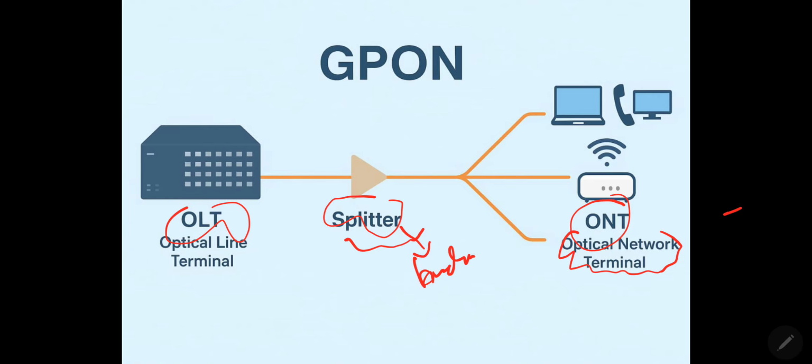Before I explain it in detail, I will give you an introduction about the GPON. GPON is network technology, and the media for this GPON is optical cable. Okay, I will repeat again.